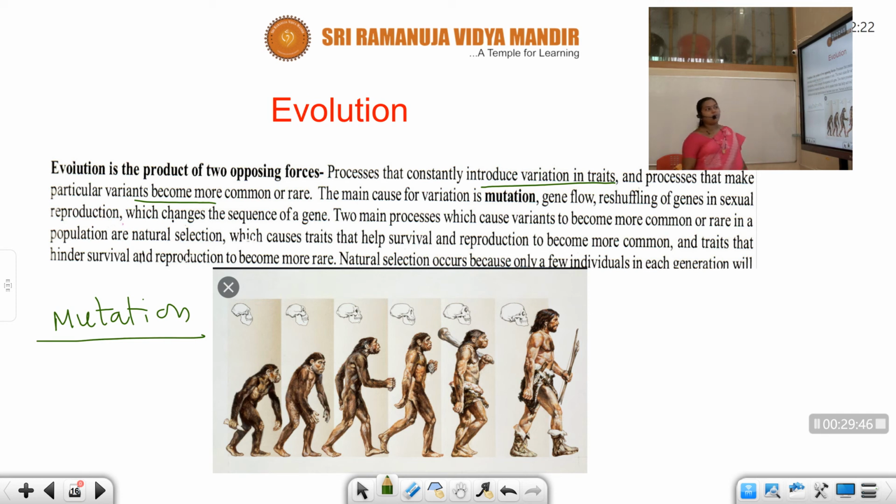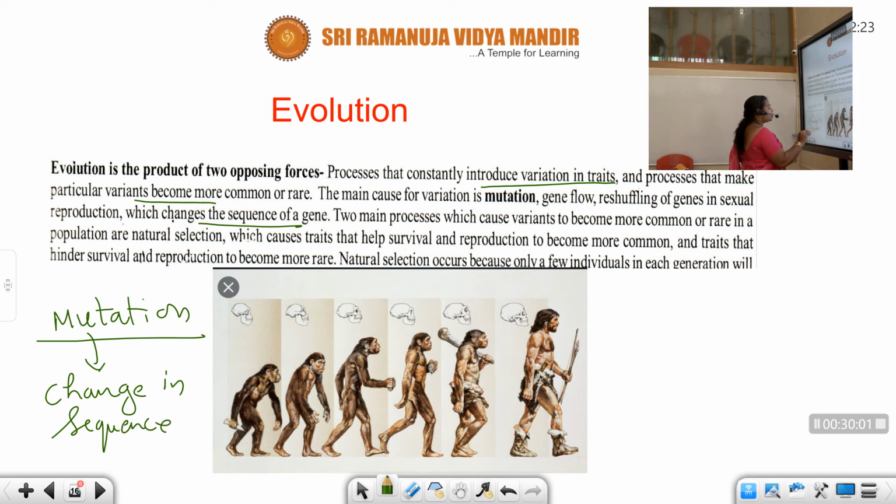Gene flow and reshuffling of genes in sexual reproduction also change the sequence. What is a mutation? A change in the sequence of a gene.